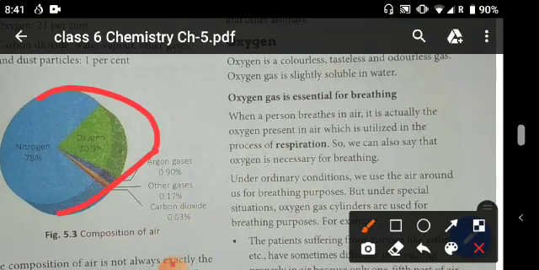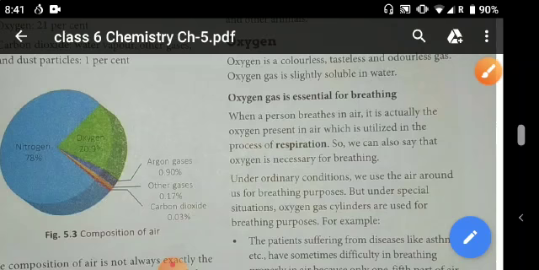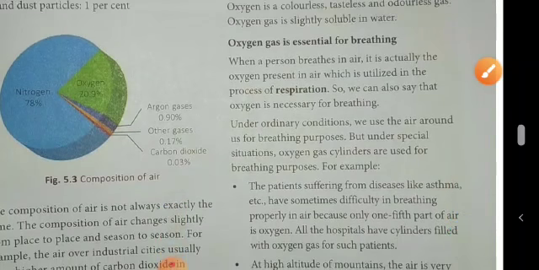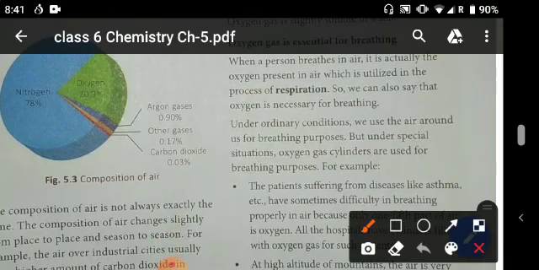Okay, now oxygen gas is essential for breathing. You know it? Oxygen is very essential for breathing. Why? When a person breathes in air, it is actually the oxygen present in the air which is utilized in the process of respiration. Which gas is used in respiration?